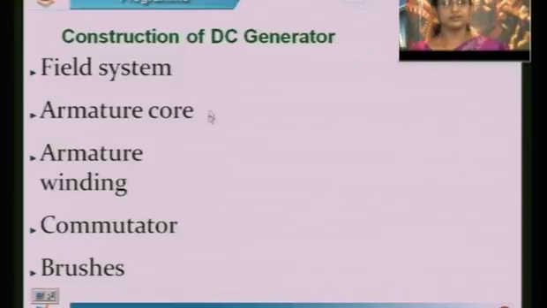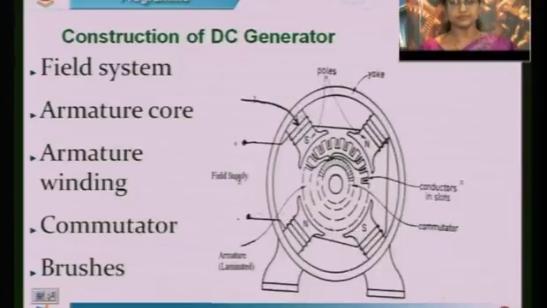So, the main parts in the construction of DC generator are, I already told you, this field system is required, armature core, this is the rotating part, this field system is the stationary part, then the armature winding, then commutator, brushes. So, this is the commutator part, and then windings are connected. I already told you how exactly you are going to connect the windings.